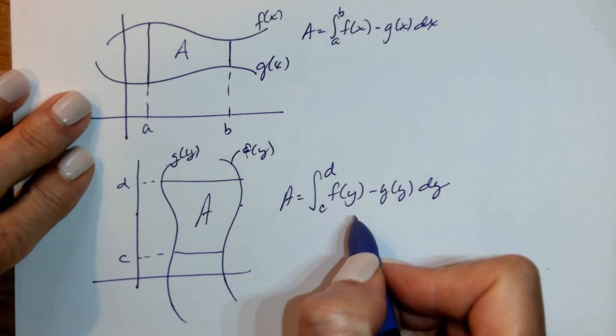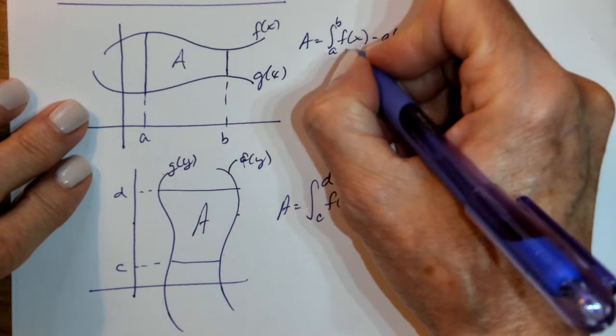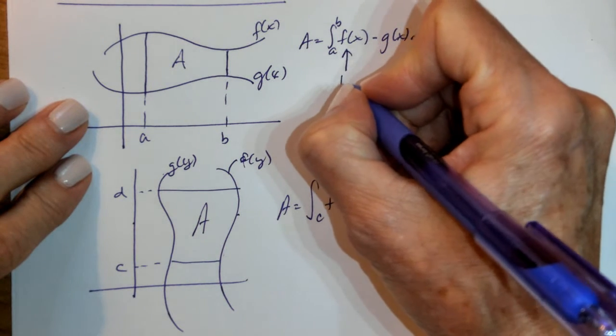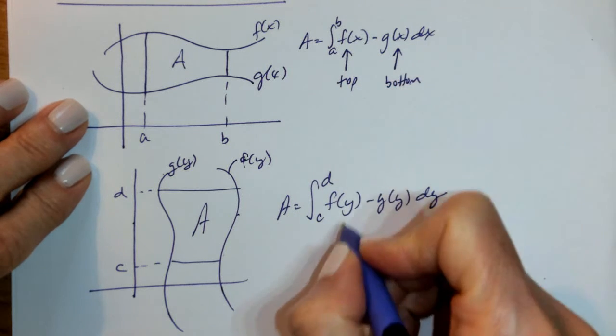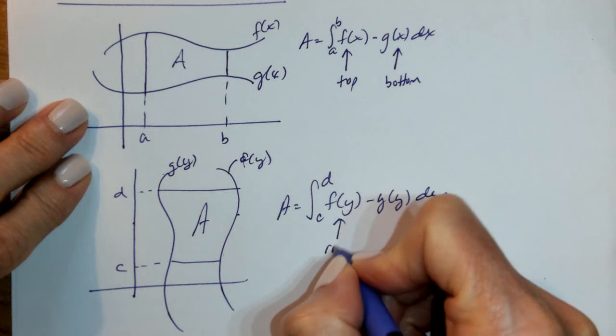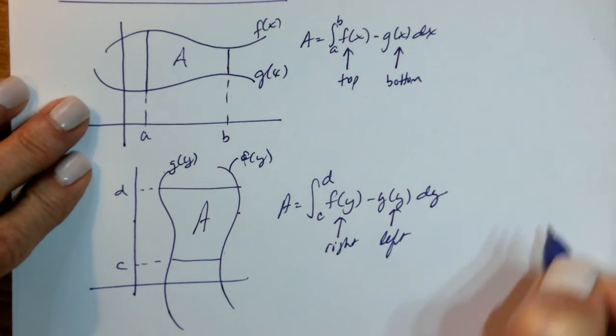So those are our two general formulas. I think of it as the top curve minus the bottom curve, or the right curve minus the left curve if we're in y's.